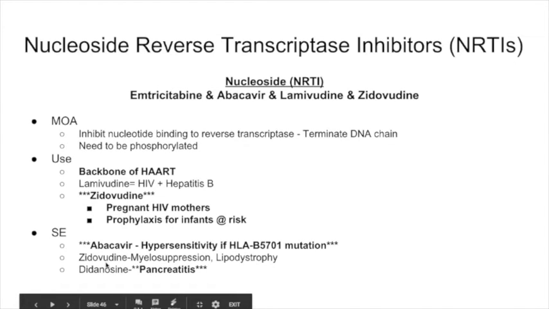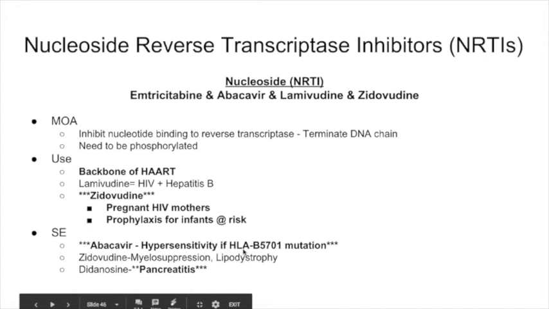Zidovudine, which is the medication that's used for pregnancy, can cause myelosuppression. So anemia and neutropenia as well. Zidovudine can also cause lipodystrophy.